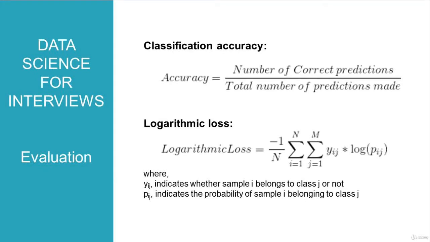The log loss, or logarithmic loss, works by penalizing the false classifications. It works well for multi-class classification. When working with this, the classifier must assign a probability to each class for all the samples. Suppose that there are n samples belonging to m classes, and the log loss will be calculated by the formula as given.